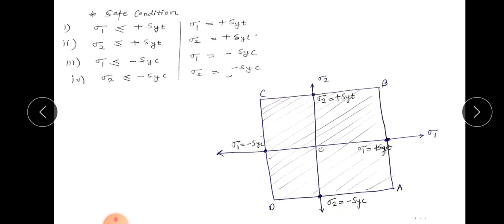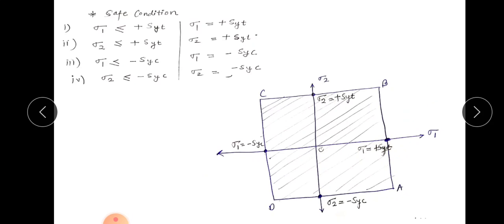So let us plot a vertical axis and a horizontal axis. On the horizontal axis, let us take the principal stress sigma 1, and on the y axis the principal stress sigma 2. Now on the sigma 1 axis, mark a point sigma 1 equal to plus SYT. Since it's tensile, it will be positive, towards the right hand side.